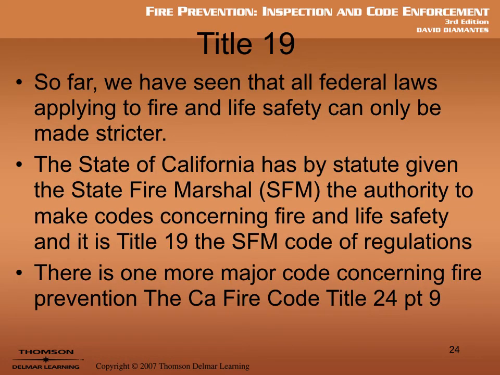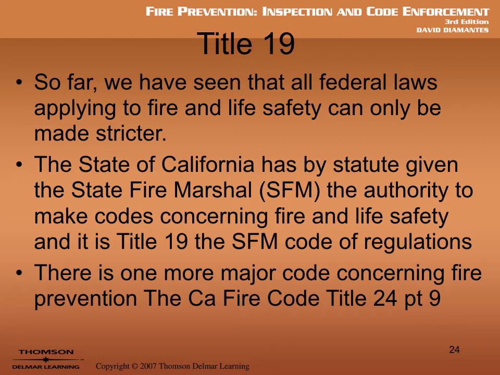So what have we learned so far? First of all, we've seen that all federal laws applying to fire and life safety can only be made stricter as they come from the federal government to the state and from the state to local jurisdictions. We also learned a little while ago that when it comes to federal property, though, we can't use our stricter laws.